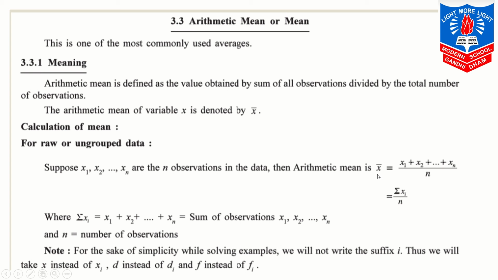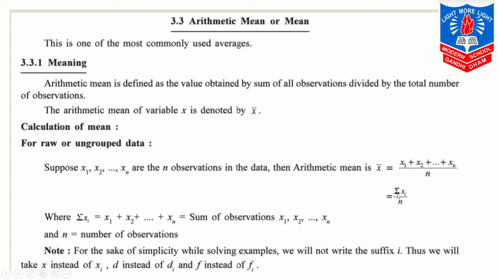This is how mean is denoted. So over here, as I said in the definition, x1 plus x2 plus till the last one xn divided by n. So in short we will say it as sigma xi upon n.